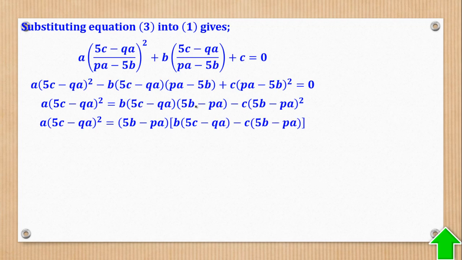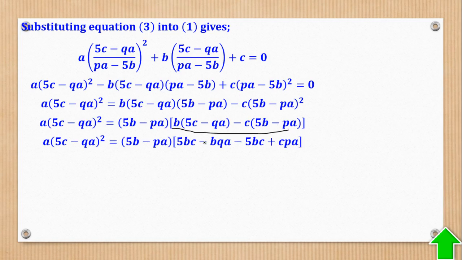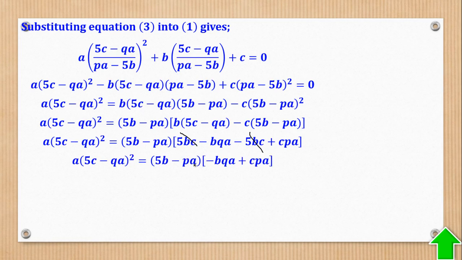Then from there I realize that something is common, this and this. I'll pull it out. So here this will go away, I'll remain with this. Here the power will go, I'll remain with this, and this power 1. Okay. Then you now deal with this box bracket, expand it, you come up with this. Now here I realize that this and this can cancel, so we're going to remain with this.